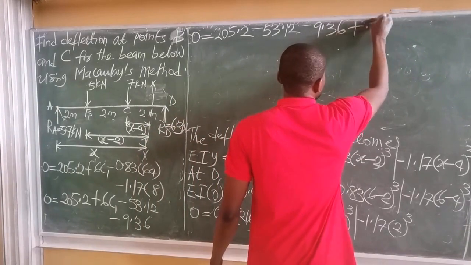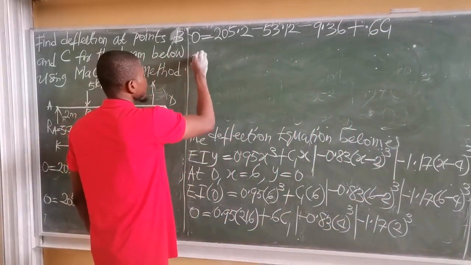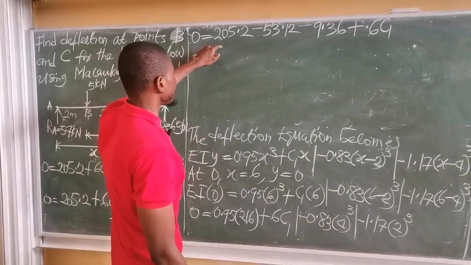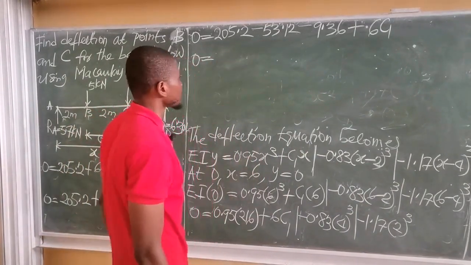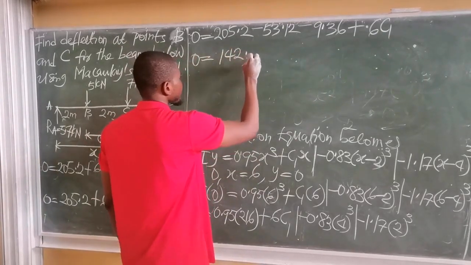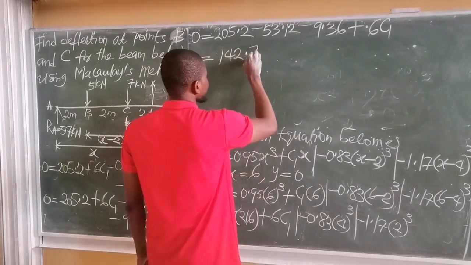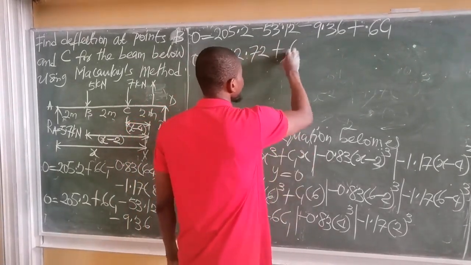6C1. Okay, so 0 is now equal to 205.2 minus 53.12 minus 9.36, which gives 142.72 plus 6C1.